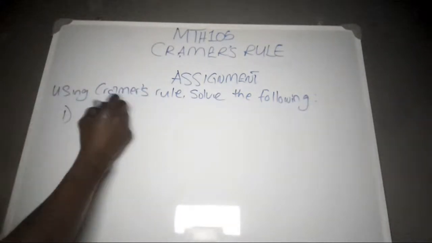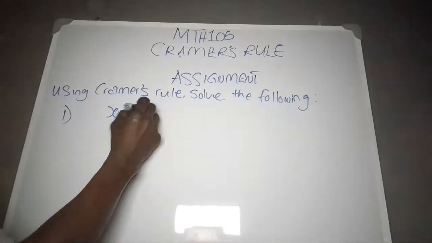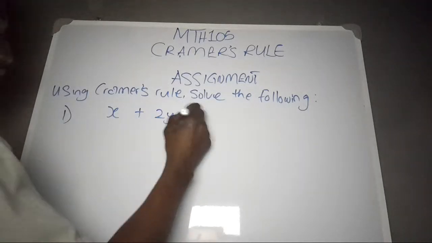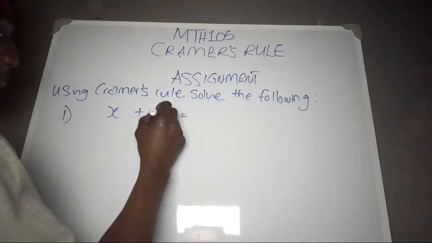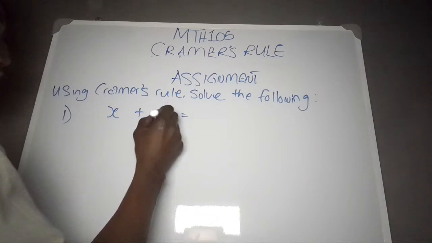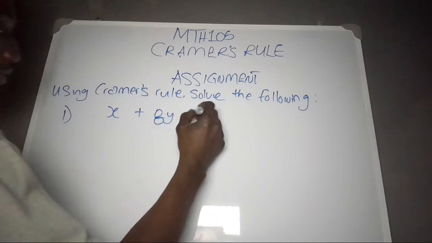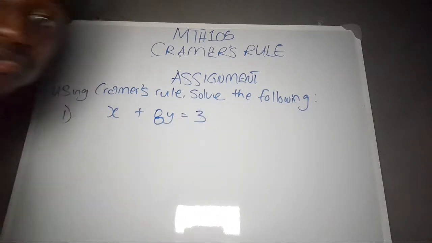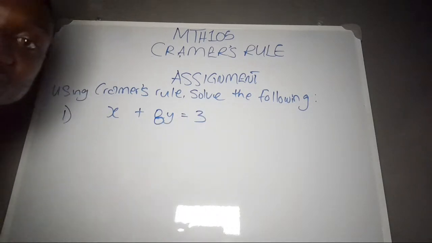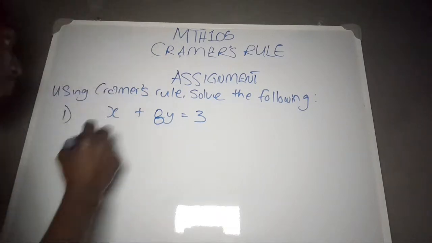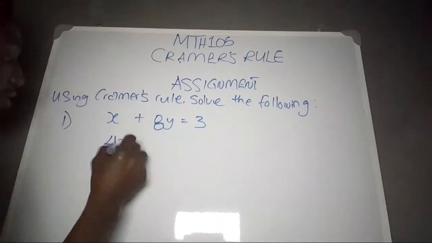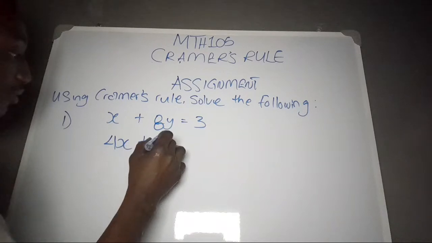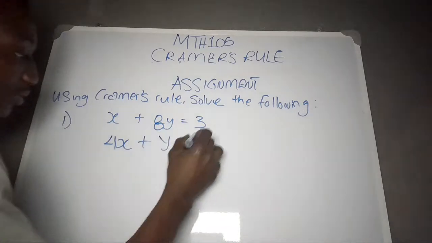We have 1 x plus 2y equals, let me make it x plus 8y equals 3. Oh, my phone is shutting down. Okay, let me just quickly wrap this up. We have plus y equals 5.